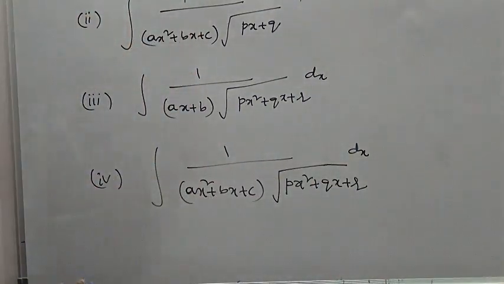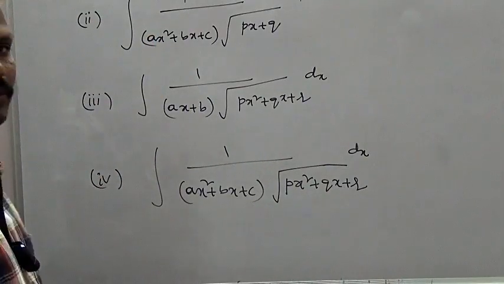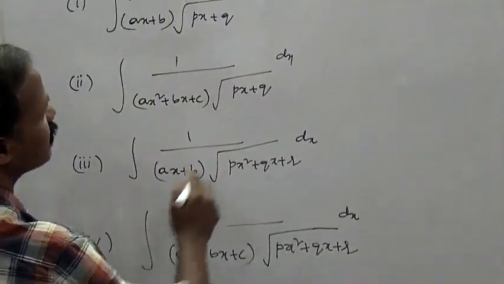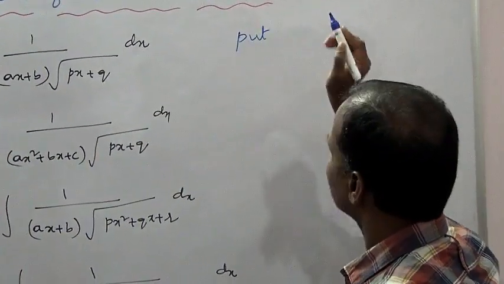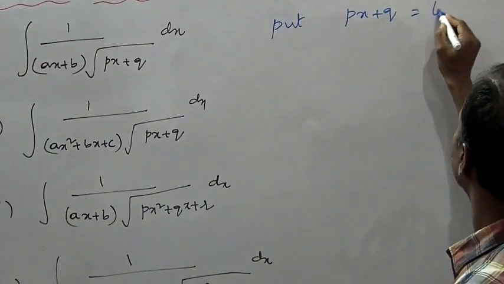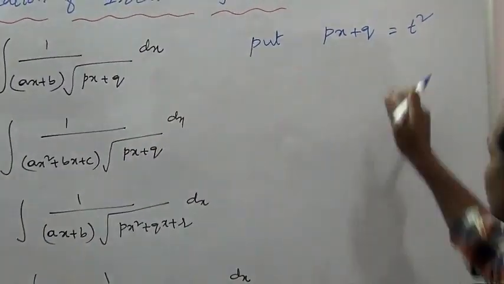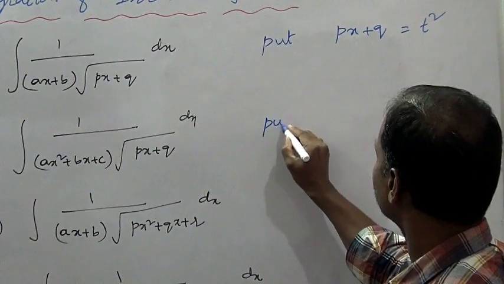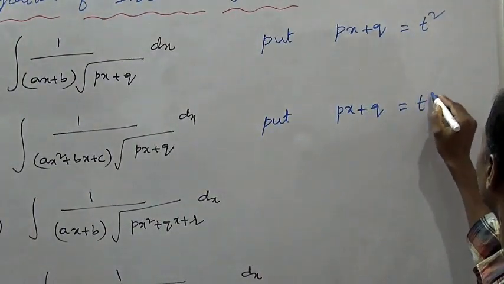If the functions are in this form, how we will proceed? If the given function is like this, you have to consider put px plus q equal to t square. Here also put px plus q equal to t square.